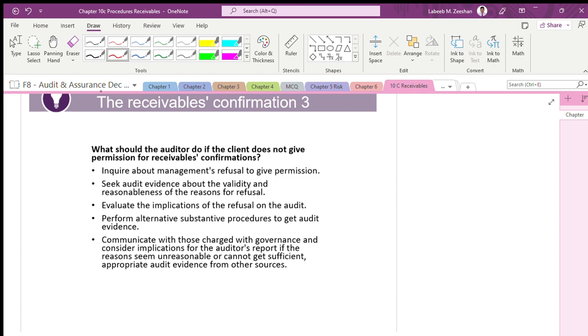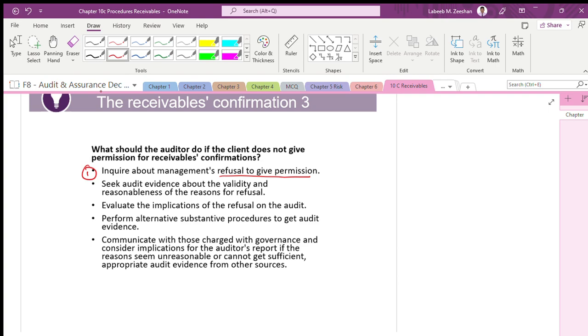What will the auditor do if you are not getting the information? First, the auditor will inquire with the management about the refusal to give permission. If management is not giving you permission, you have to ask the management why, because the auditor has the right to get the information from the third party with the knowledge of the management.